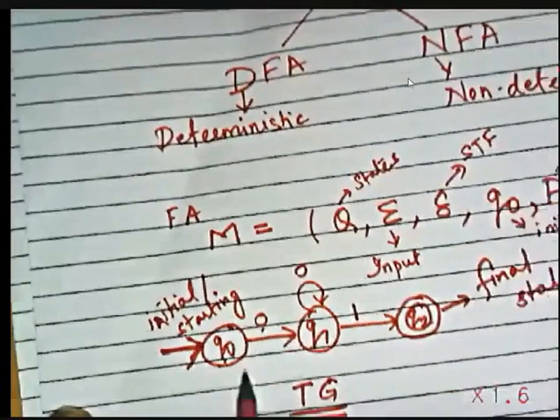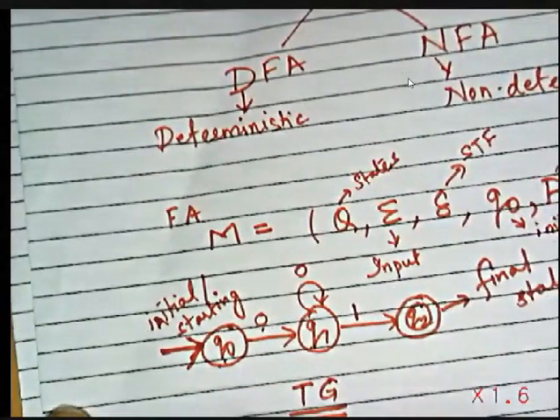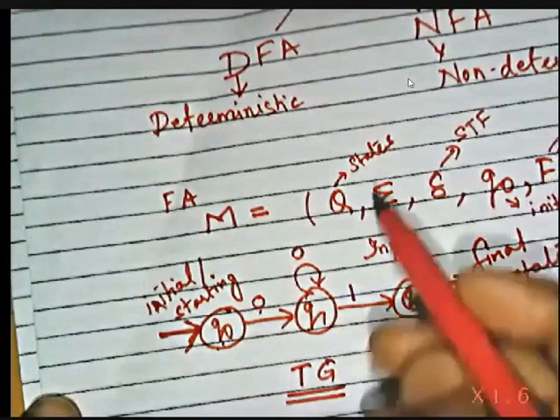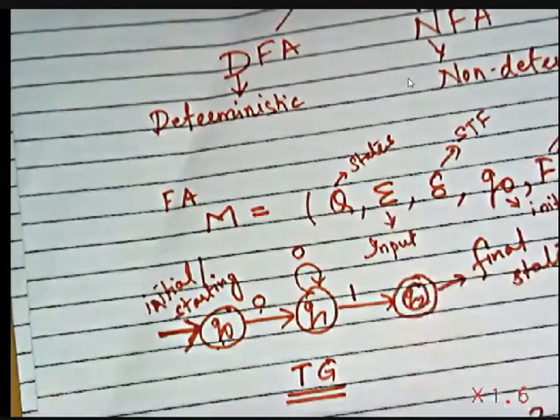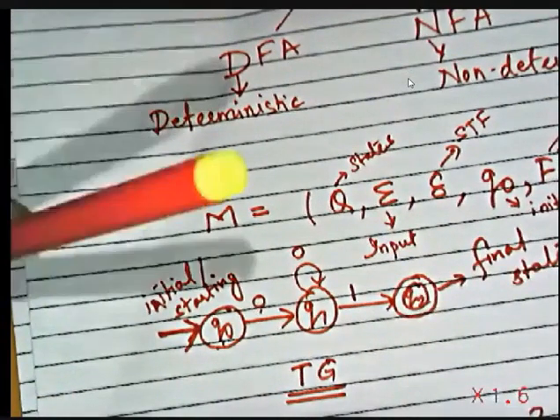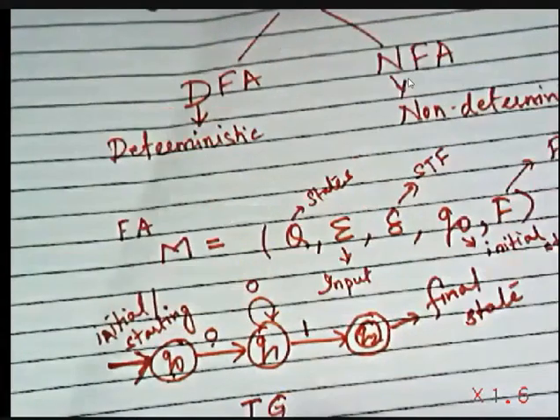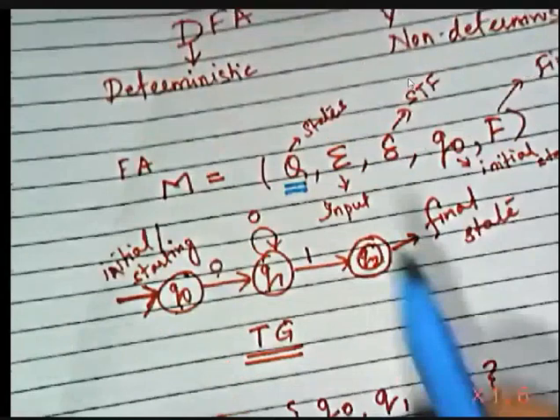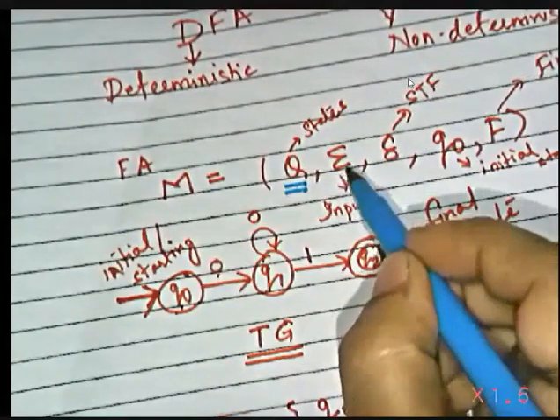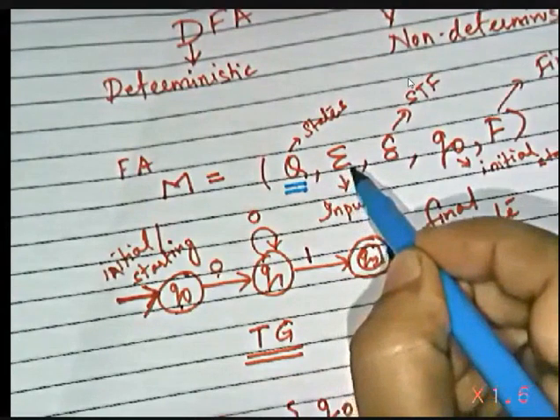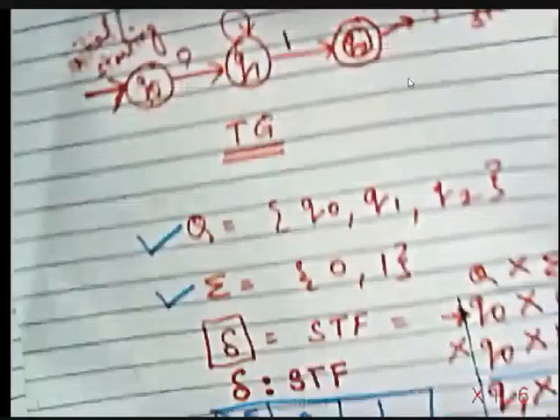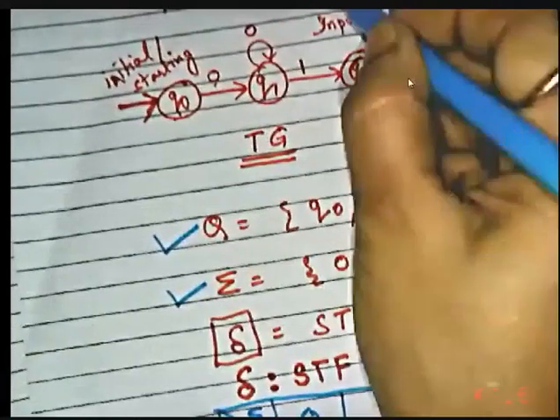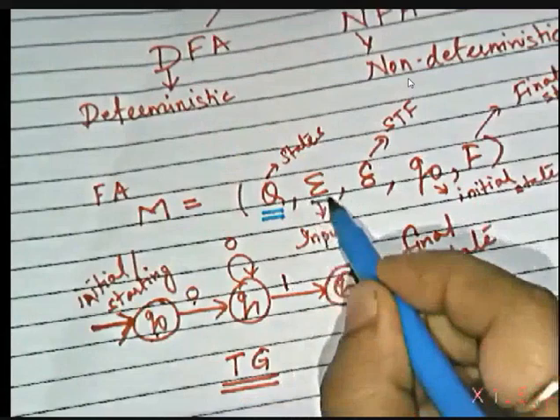This was my given finite automata, and for that, can I say that I have defined the first value, that is Q? Similarly, have I identified the input, or defined the alphabet? Yes. Next, this is also known now.